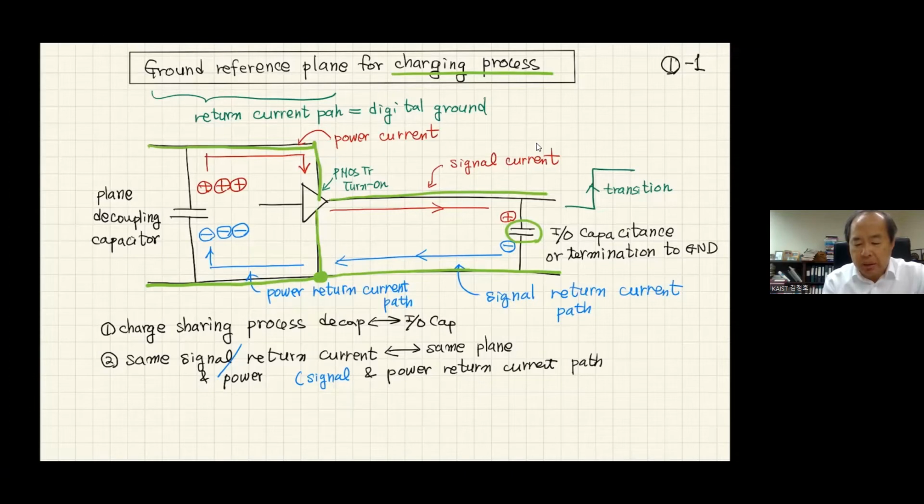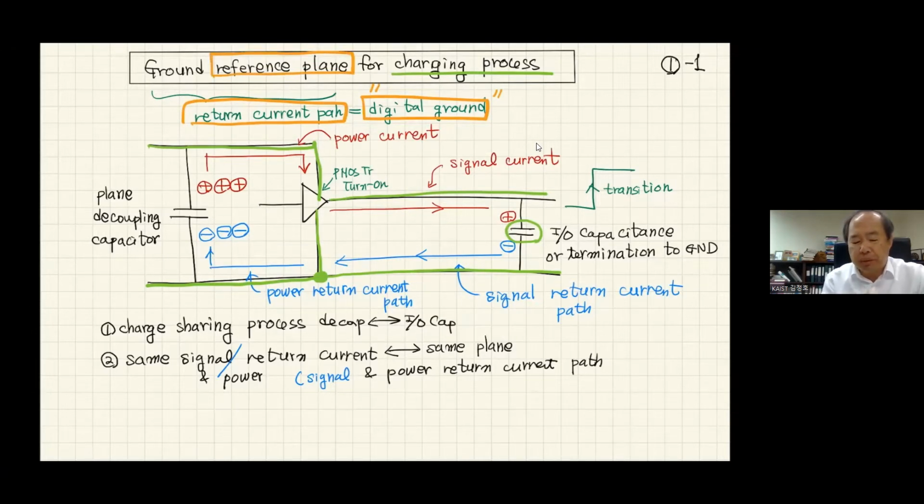And for the return current path, we may have a return current path that is digital ground. In the digital interconnection system design and digital circuit, the definition of digital ground means return current path. Sometimes in a multilayer PCB, we say that it is the reference plane.